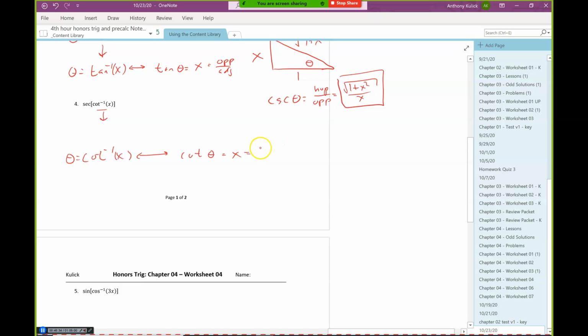So using the Pythagorean theorem, I get that. Everybody okay there? Okay. So secant theta is hypotenuse over adjacent. So that's square root x squared plus 1 over x.